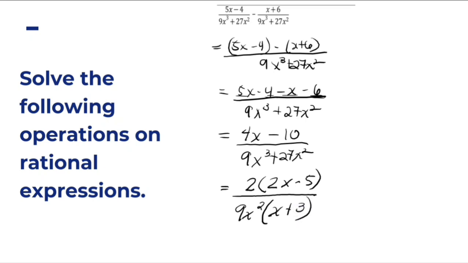In factoring them, you will notice that there are no common factors. So that means this is already simplified. So your final answer is (4x - 10)/(9x^3 + 27x^2).